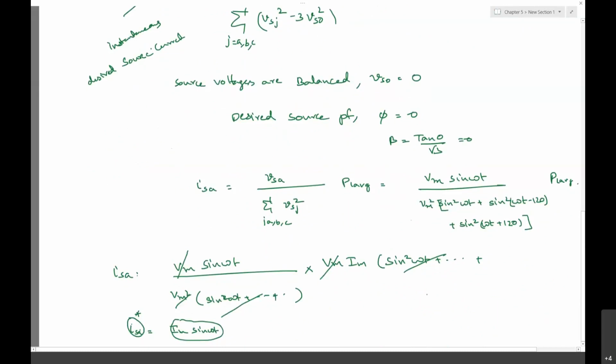We can validate it with the other phases also. These terms cancel out, and in place of VSA we get VSB for the case of the ISB current: VSB divided by the summation of VSJ square.